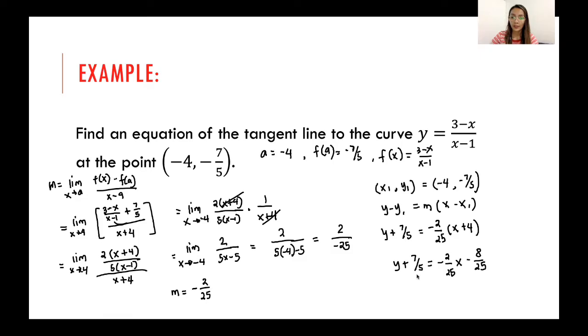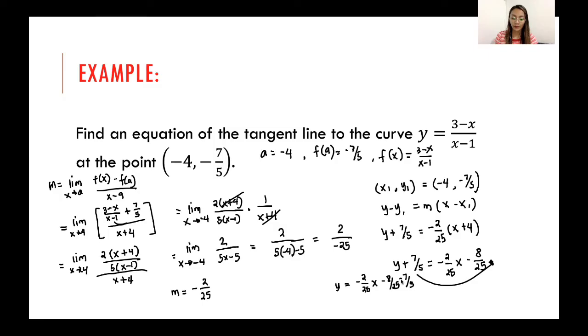Okay, so i-transpose na natin si 7 over 5 dito sa kabila. Transpose mo na yan. So we have y is equal to negative 2 over 25x minus 8 over 25 minus 7 over 5.